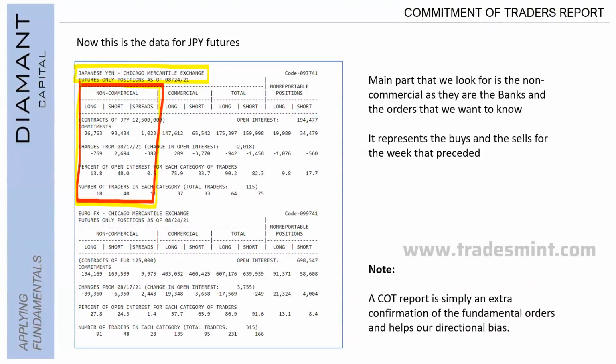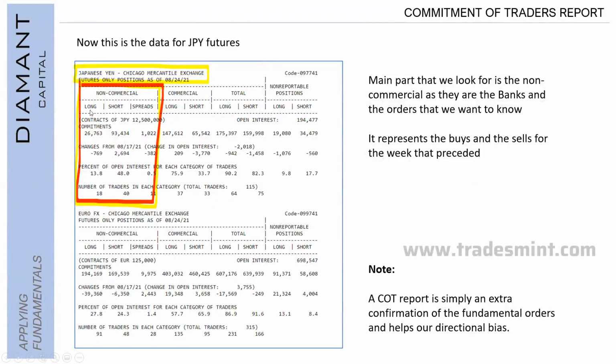So if they're wanting to export something or import something from Japan, for example, they would have to purchase some JPY contracts or JPY currency. And that's what the commercial side is. The non-commercial is the banks, as I've said.